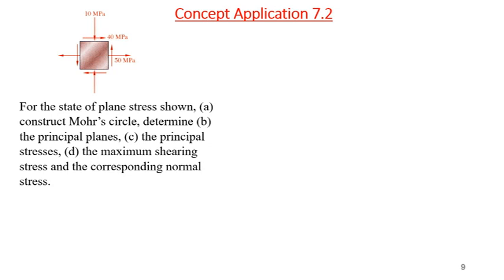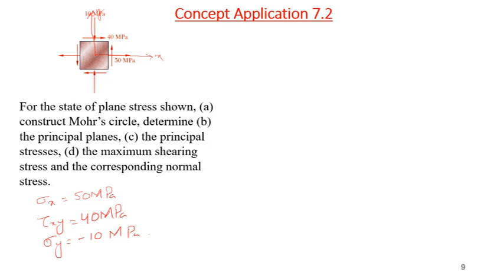So sigma x will be 50 megapascal, tau xy I can write 40 megapascal, and sigma y will be simply minus 10 megapascal. So taking this as my x-axis, and the top one will be my y-axis.